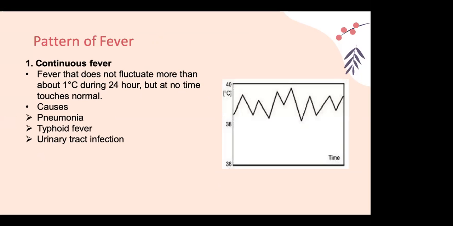For the pattern of fever, there are 5 common patterns. First I will start with the continuous fever, where the fever does not fluctuate more than 1 Celsius during 24 hours, but at no time does it touch normal.